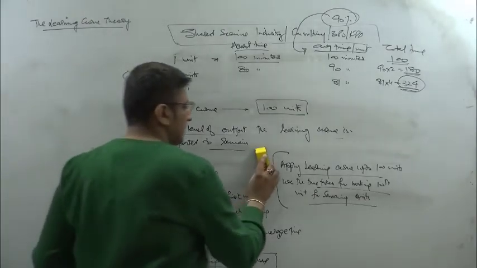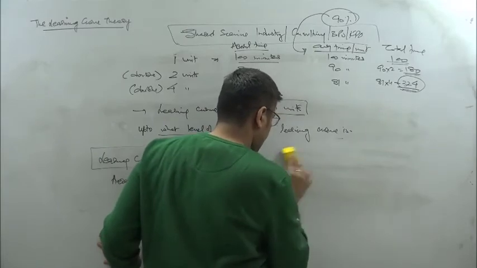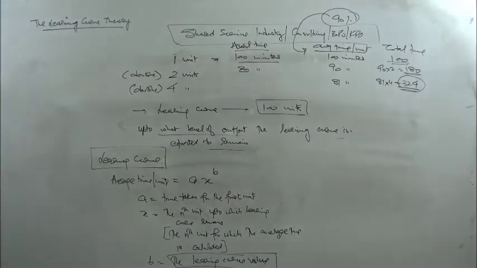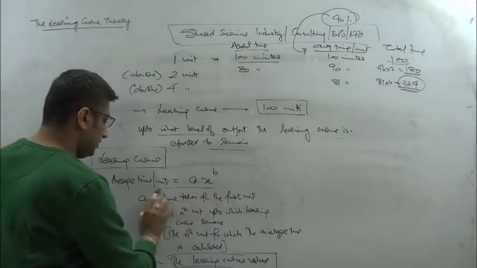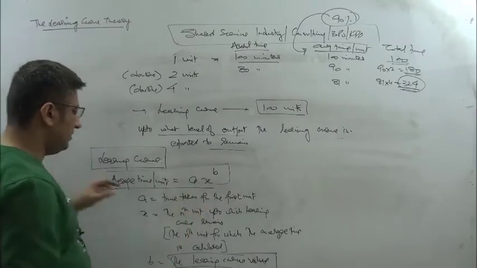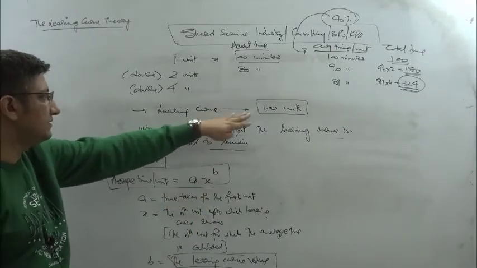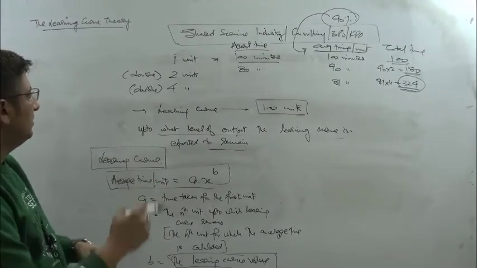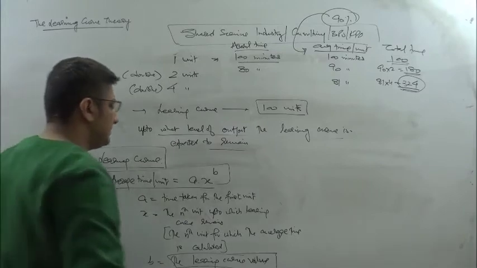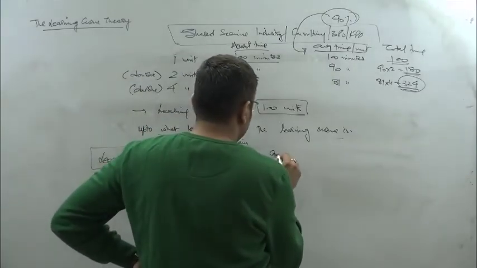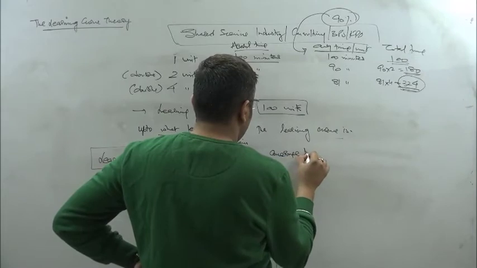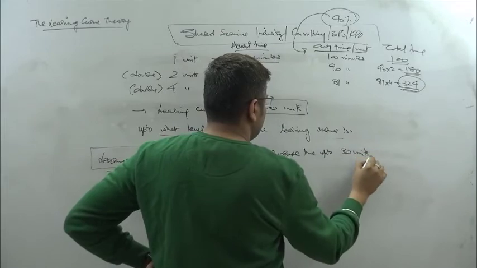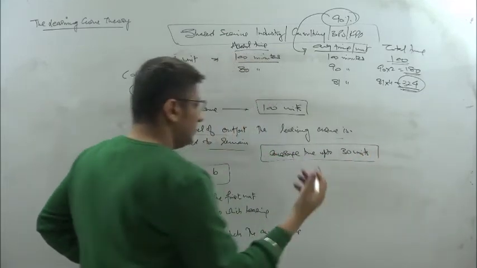Broadly, if I need to calculate how much my average time taken is up to 100 units, let's try to calculate what my average time is up to, let's say, 30 units. I can take any number, obviously, just for the sake of calculation.